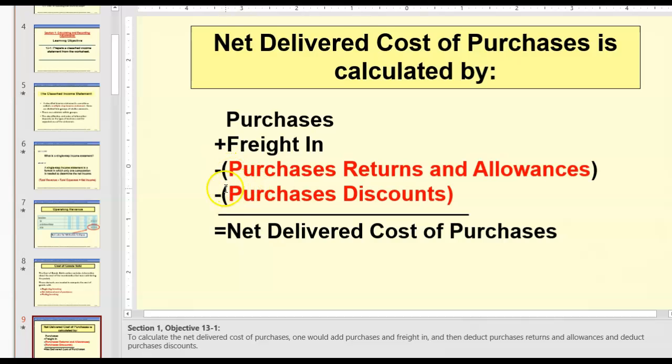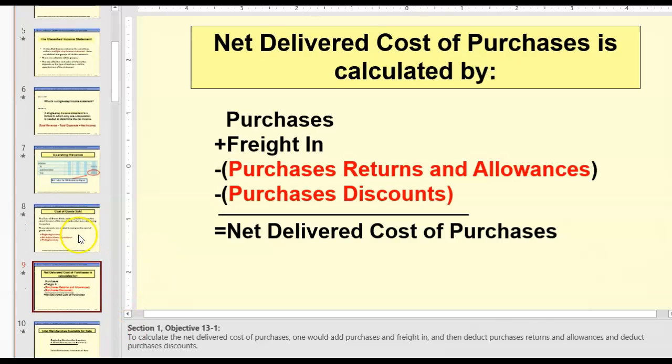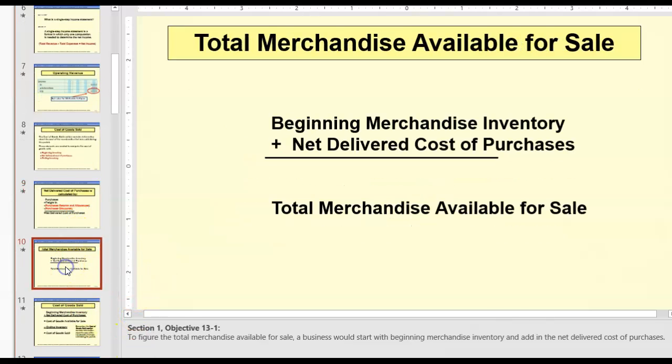We subtract our purchase discounts and subtract our returns that people have returned. That gives us the net delivered cost of purchases. Then to figure out what we have available for sale, we take our beginning inventory plus the net cost of purchases that we just figured out, and that tells us our total merchandise that's available for sale.